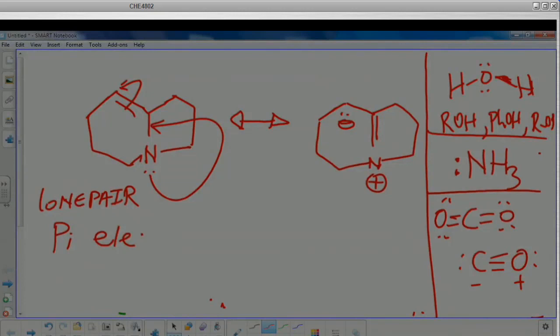If there are two pairs on nitrogen, what will be the charge? Negative charge, because it has gained. If there's no lone pair, but that nitrogen has an octet, what will be the charge? Positive charge.